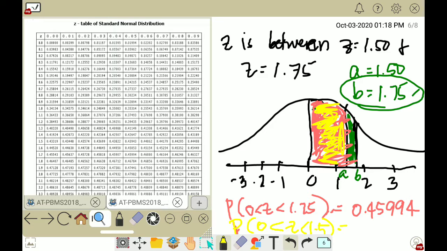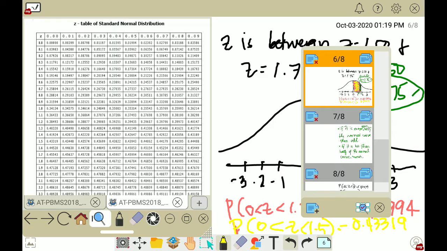So that is 1.5, which is 0.43319. Okay, so in that case, simply subtract both areas.